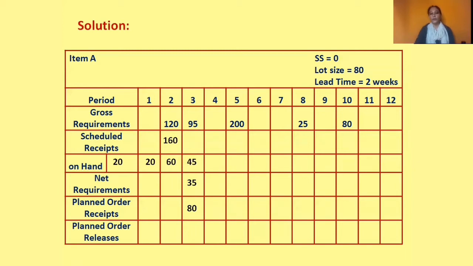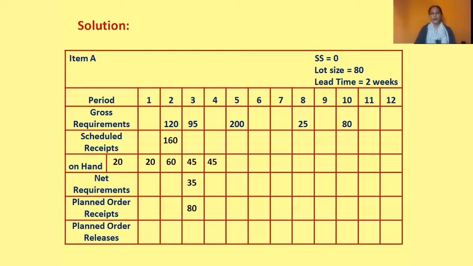For period 4 there is no gross requirement. That means we can transfer the on-hand inventory of period 3 to period 4. So that is why we can write here 45 units on hand for period 4. For period 5, the gross requirement is 200 units and we have on-hand inventory of only 45.